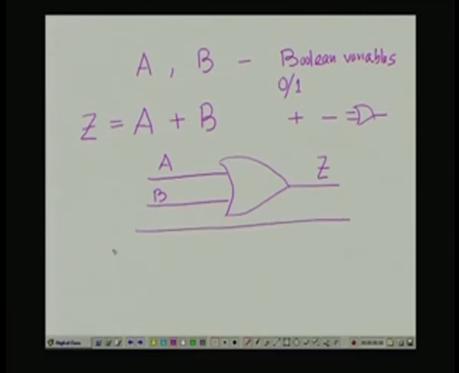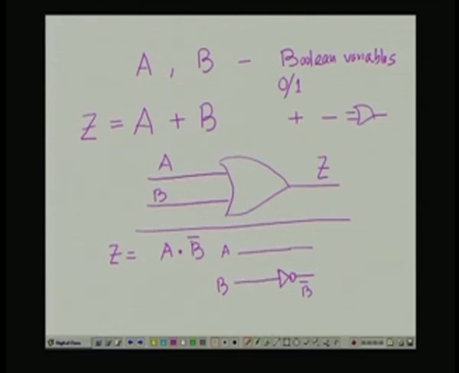Now, say Z equal to A dot B complement is given. Then for A, one line. For B, another line, and as it is complemented or inverted, I will put a NOT gate there. So, this is actually B complemented.